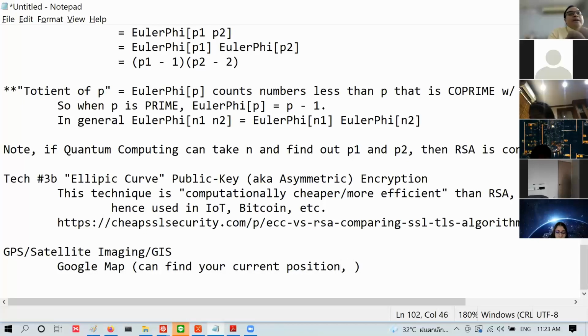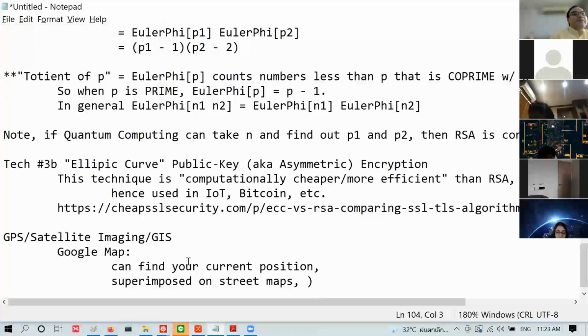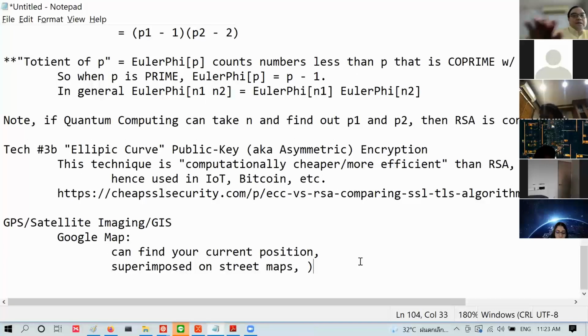superimposed on the street map. Not only that, you can find, superimposed on the street map, along with other pin locations.